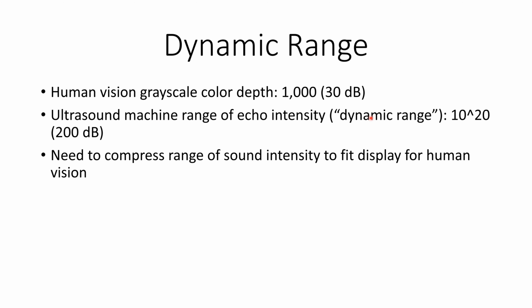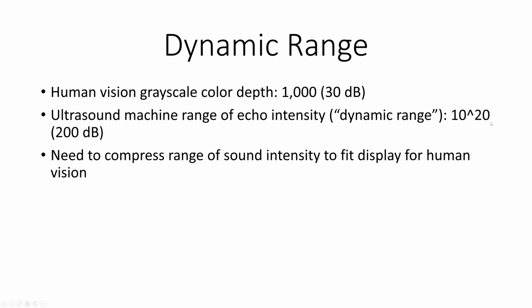A normal ultrasound machine, a modern day fancy ultrasound machine, has a range of echo intensities that it can detect of 200 decibels, or 10 to the 20th. So 10 to the 20th is a bigger number by a lot than 1,000.